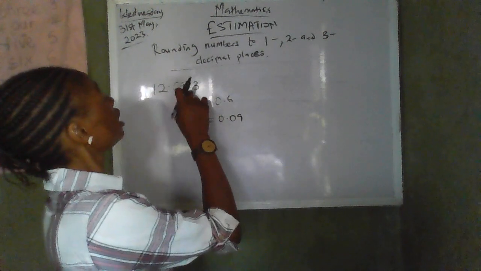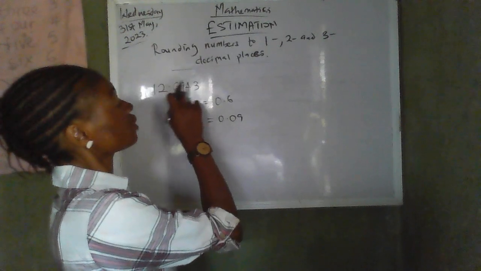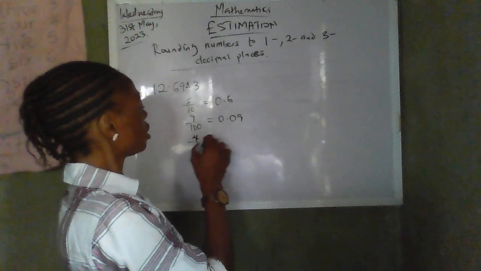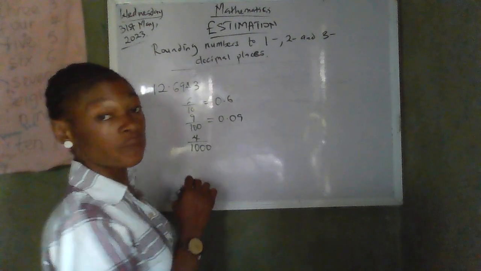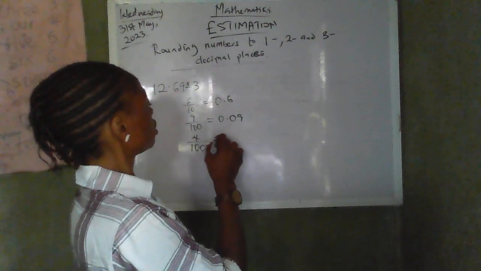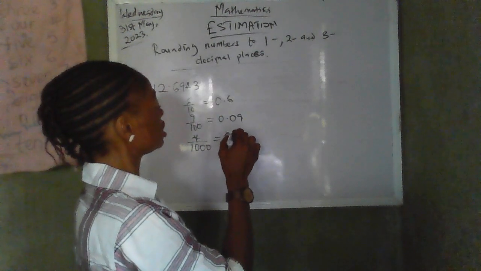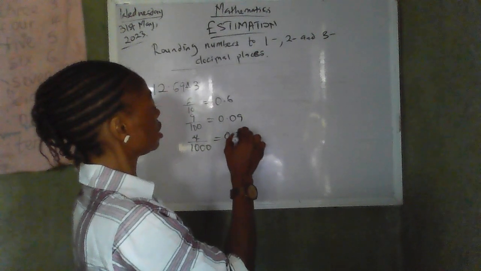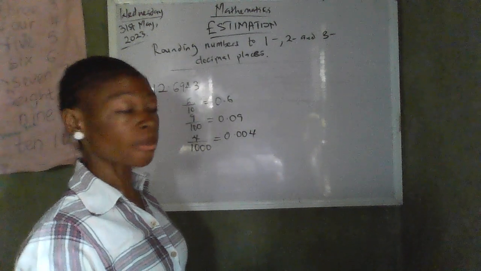0.09. The place value for 4, which is 3 places after the decimal point, is 4 over 1,000 as a fraction, then as a decimal number, it will be 0.004. Are you with me?